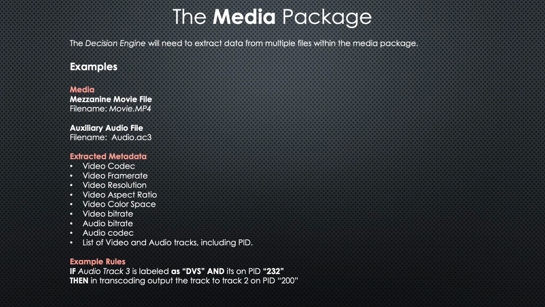We could get all this data from the source file itself, and we can make rules based on that data. As an example, a rule may be if audio track 3 is labeled as DVS and it's on PID 232, then in transcoding, output track 1 to track 2 and put track 2 on PID 200.